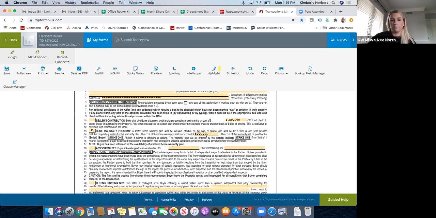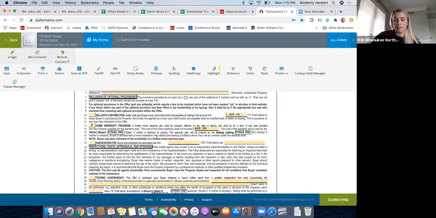So if the seller is ordering a home warranty, you can always confirm with the listing agent, hey, what's the total of that home warranty that I should be acknowledging in the offer to purchase. But I would say, ideally, the seller hasn't purchased it yet, and you then have the control of ordering that warranty on behalf of your buyer.